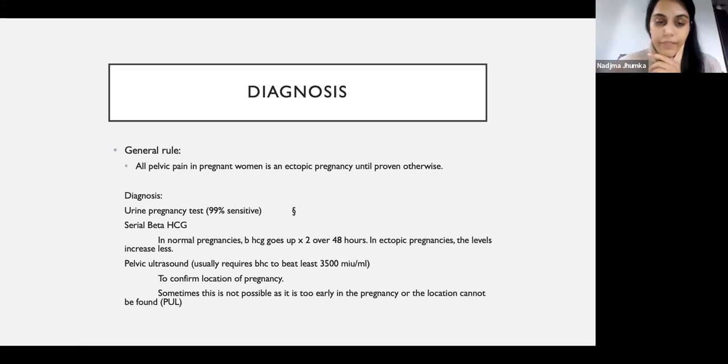But even if you've scanned several times and you can't visualize it at all, so you don't know where the pregnancy is, then you would diagnose that as a pregnancy of unknown location, which is treated as an ectopic pregnancy, but you can't confirm where it is. You can't confirm if it's in the fallopian tube, in the cervix, in the uterus. So you're treating it as an ectopic pregnancy, and you want to treat it before it ruptures.